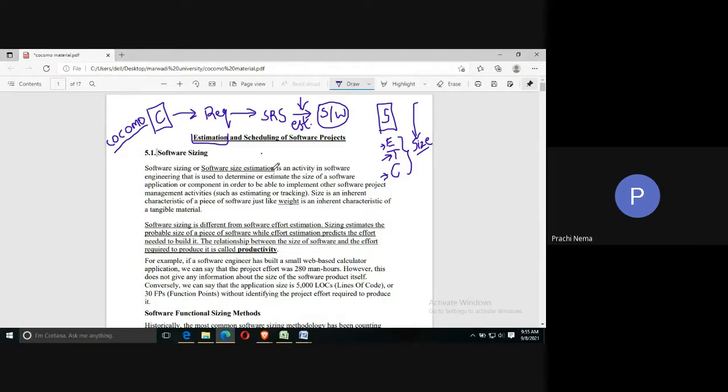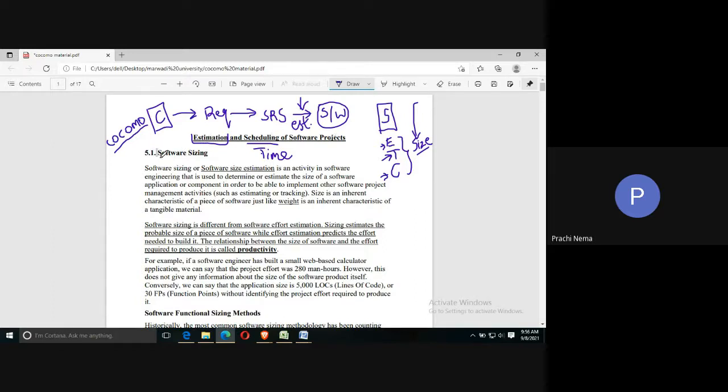So you need to have an idea of all these things, because everything is interrelated. Now we are talking about the estimation and scheduling of software projects. Scheduling means time. कैसे शेड्यूल करना है कि you have an estimation that इतने months में this project will be completed. For that, you need to have estimation and proper scheduling of the software project which you are making.